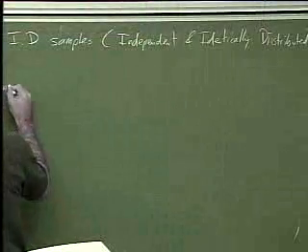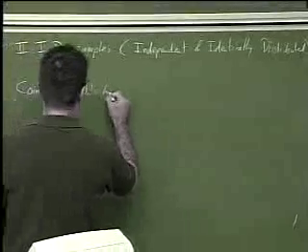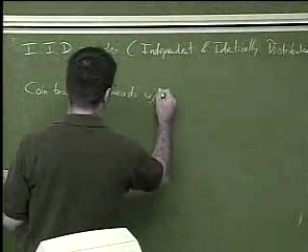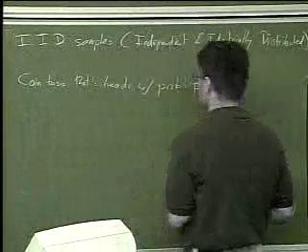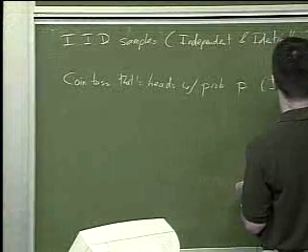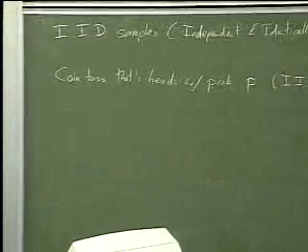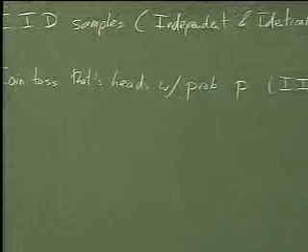So if you have a coin toss, it's heads with probability P. And it's IID. The process of flipping the coin is independent and identically distributed. Okay.